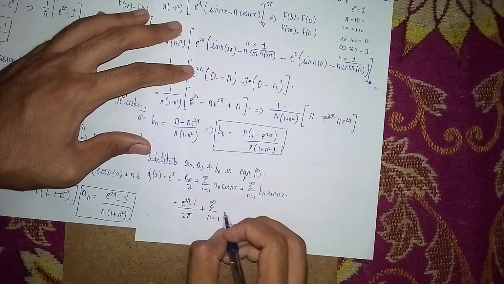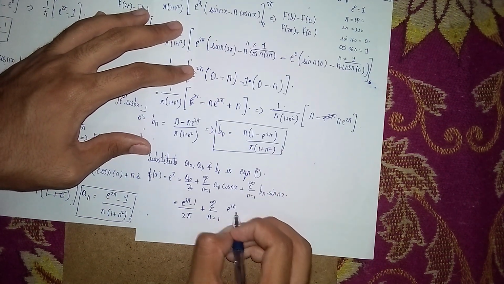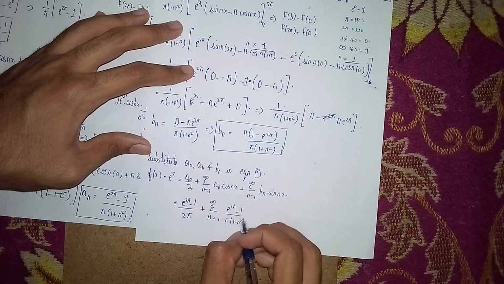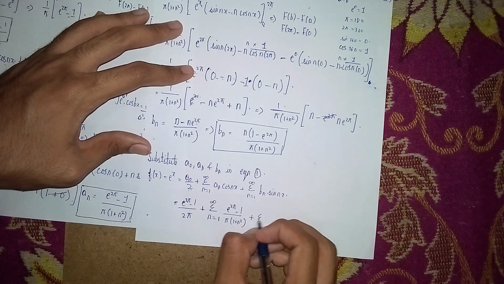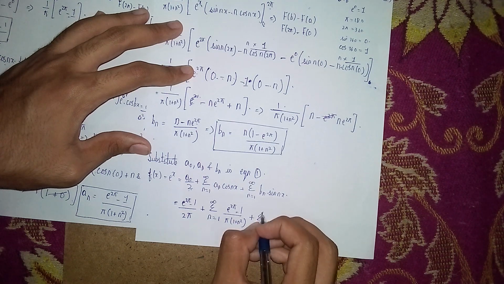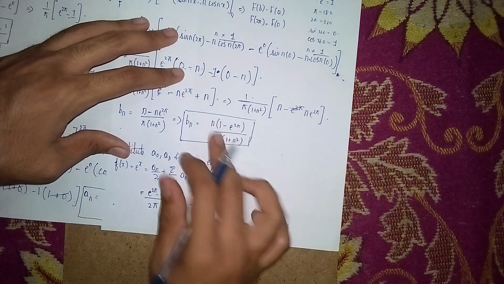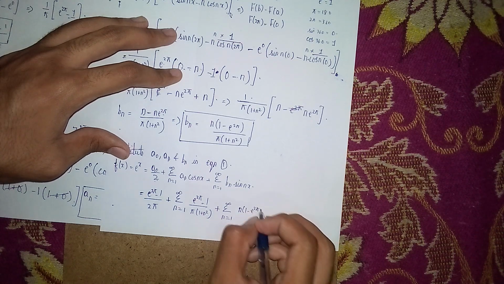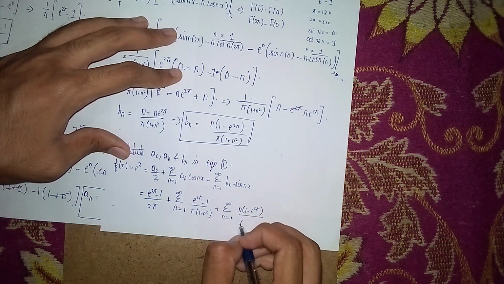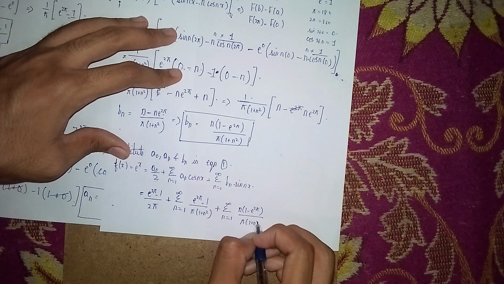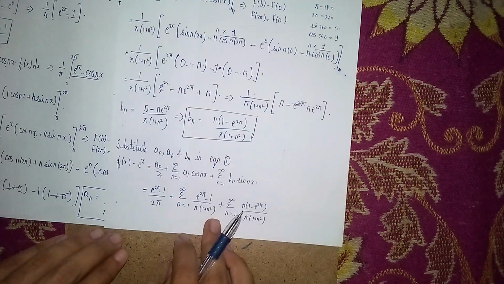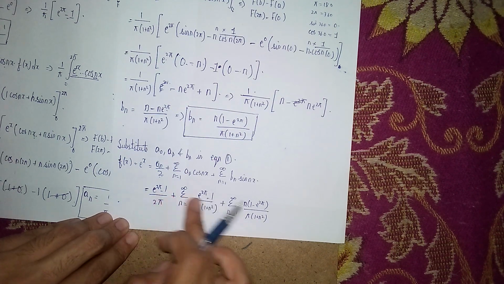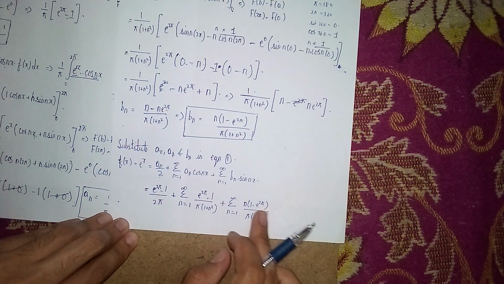So it becomes e power 2 pi minus 1 by pi (1 plus n square) under the bracket, then plus summation of n is equal to 1 to infinity. What is bn? We just found out, n into (1 minus e power 2 pi) by pi into (1 plus n square). Now you can see here, we can take e power 2 pi minus 1 by pi common. Here you can take minus e power 2 pi.